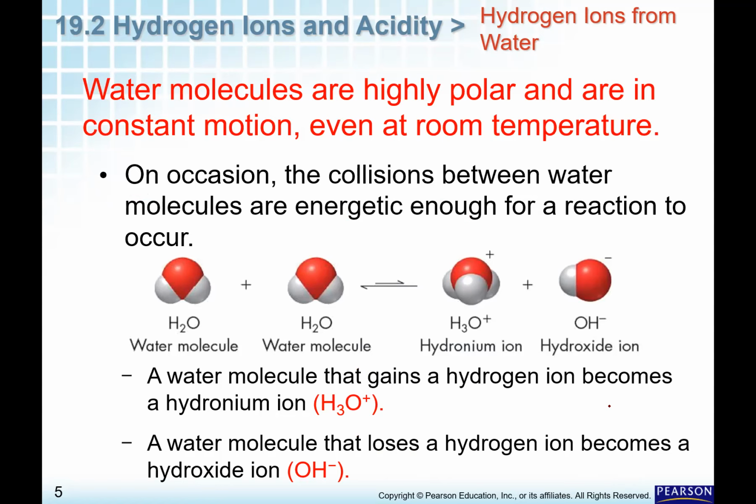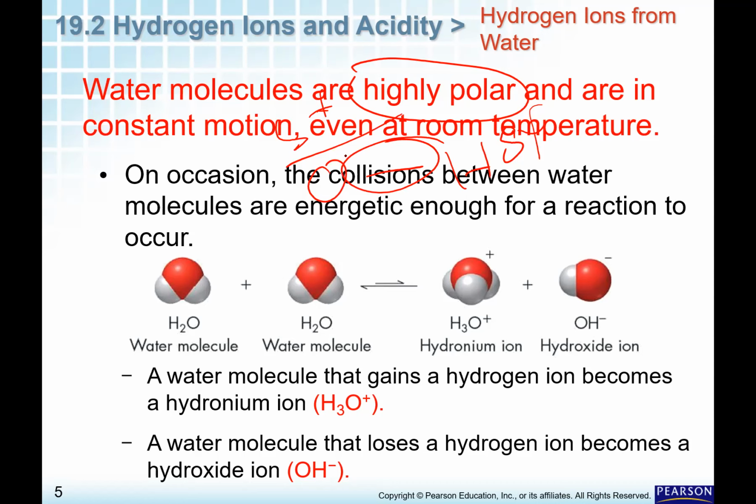When we say they are highly polar, this means that the OH bond has a partial positive here and a partial negative here, which is very polar, meaning the electrons are already pulled too much toward the oxygen. That is one fact.